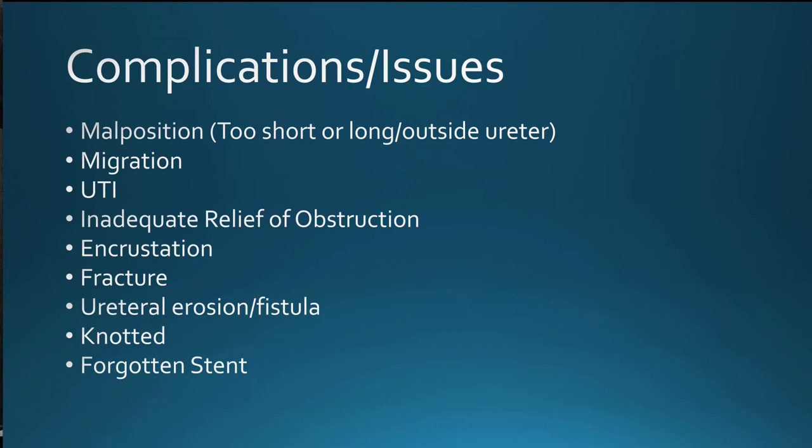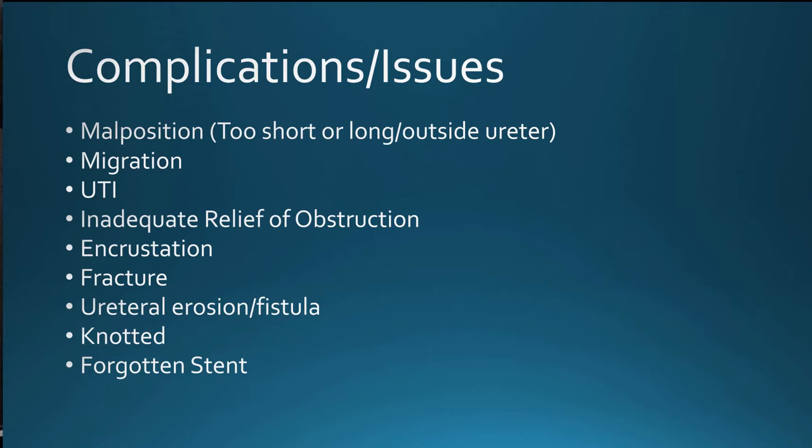Anyway, the last half of this lecture, the last third of this lecture, is related to complications that we may, as radiologists, be the first to identify and hopefully, maybe in some situations help to correct.